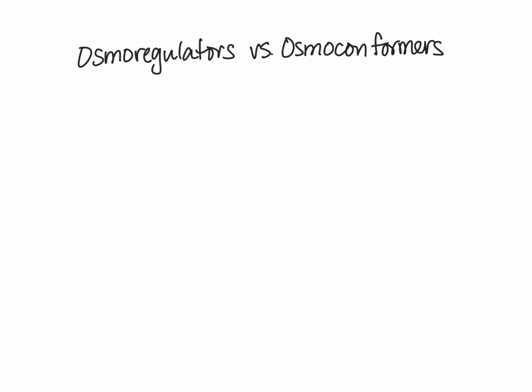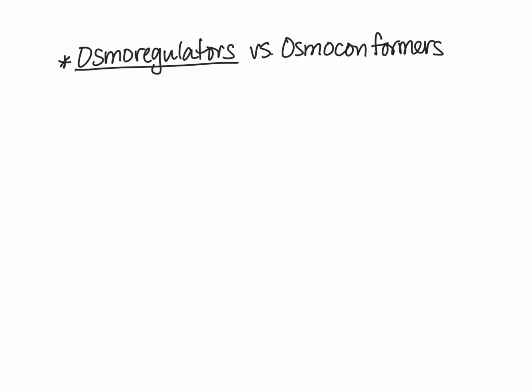I want to take a moment here and talk about the difference between osmoregulators and osmoconformers. So far, the majority of what I have talked about in this video has to do with osmoregulation. And so osmoregulators are animals that are able to regulate their osmotic pressure in order to maintain that isotonic environment, that isotonic extracellular environment, to keep their cells kind of happy and healthy.